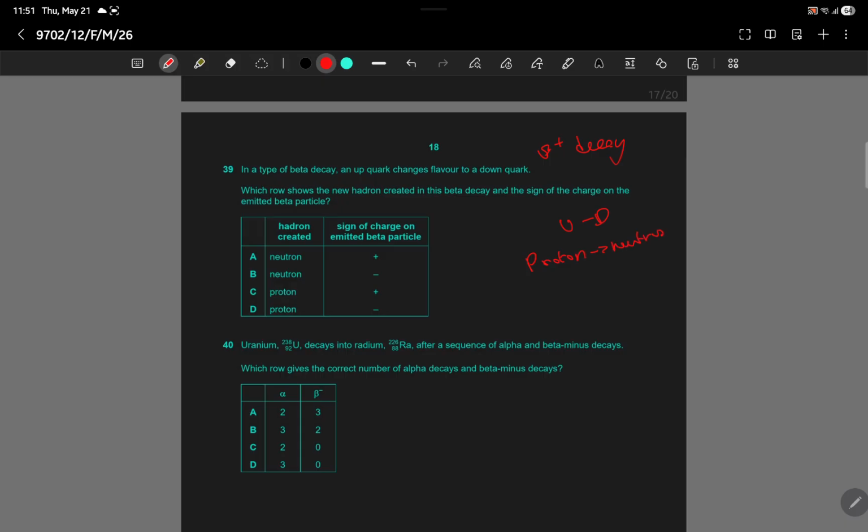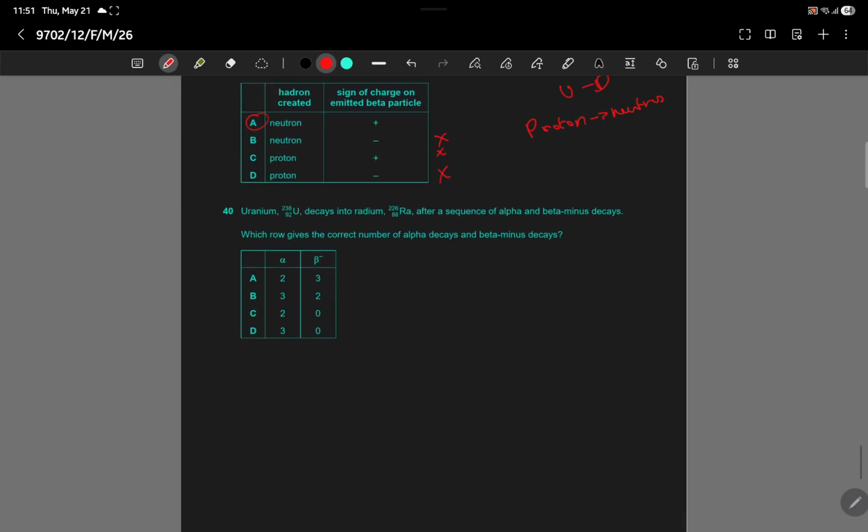Hence, up to down. This is a beta plus decay. So which row shows the new hadron created in this beta decay and the sign of the charge of the emitted beta particle? It's positive, not negative, and the hadron created is neutron. So the answer is A.